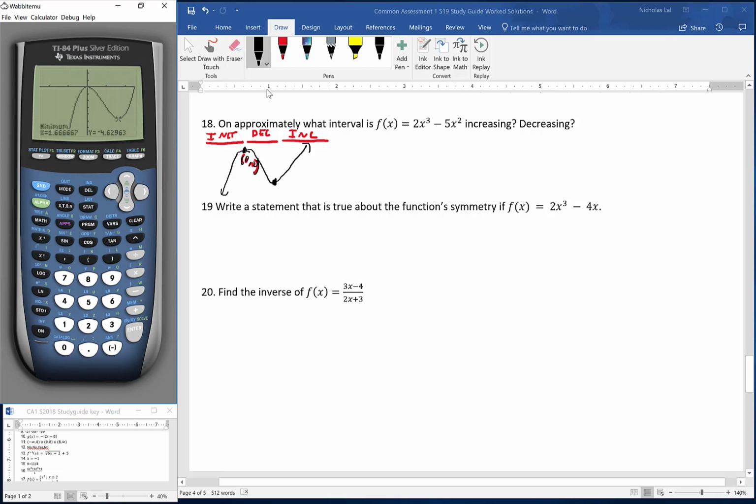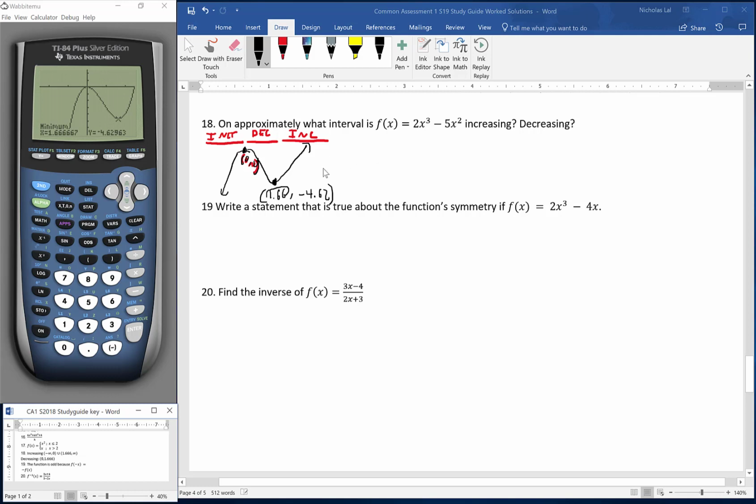So we're at coordinates 1.66, -4.62. Okay, so we're at coordinates 1.66, -4.62. And we're worried about our intervals, our x intervals. So 1.66, we can call that interval, all right?